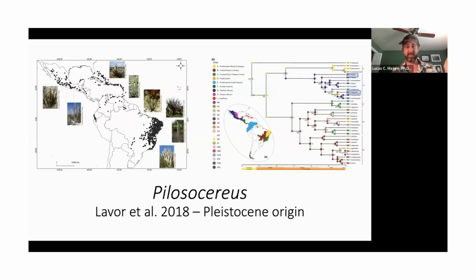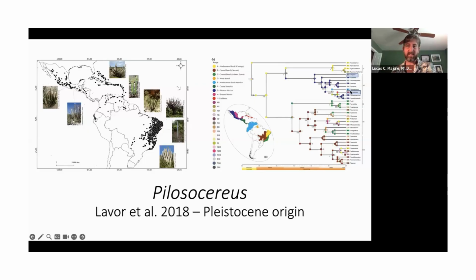Pilosocereus has an incredible distribution, right? With a lot of diversity in eastern Brazil and a lot of diversity within the Antilles as well. I wanted to show you Pilosocereus because it does mirror somewhat what we see in Melocactus, which is really interesting. If we look at the phylogeny produced by Laborde et al. in 2018, hopefully you can see on the right-hand side of my screen, the Caribbean species of Pilosocereus fall into a couple of different places within this evolutionary tree.